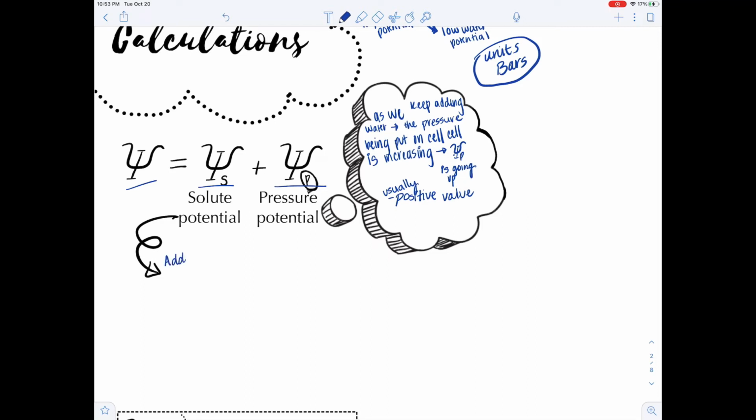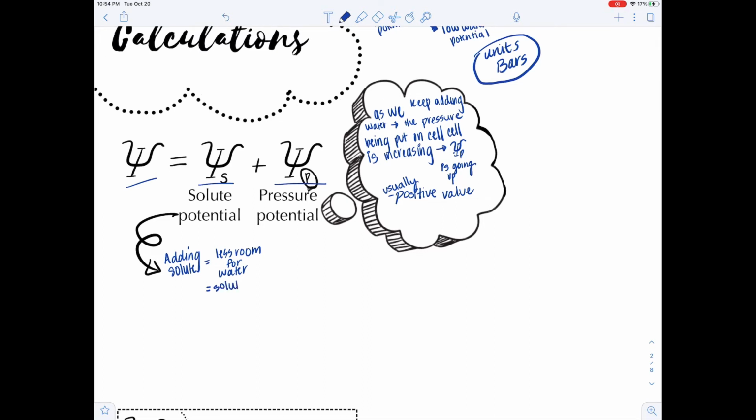So now let's look at solute potential. What we need to understand about solute potential is, if you're adding solute, that means less room for water. Therefore, our solute potential is going down. So adding our solute, we have less room for water, so the solute potential is going down.